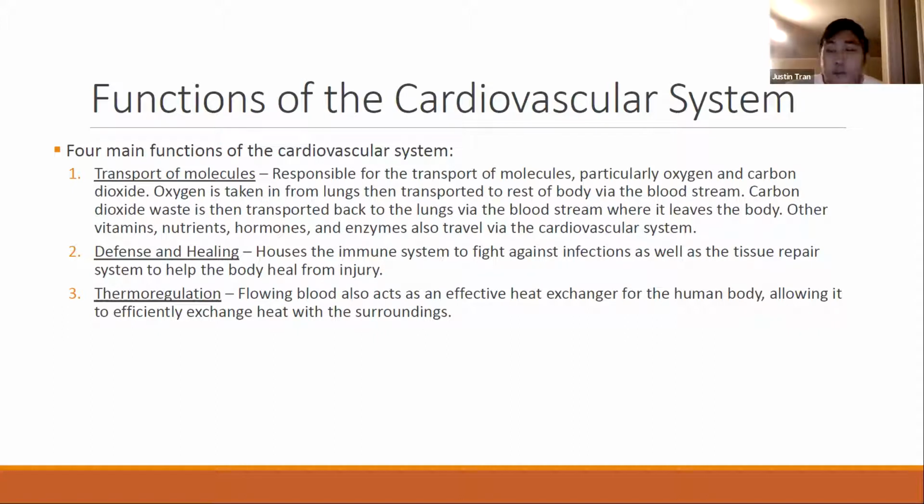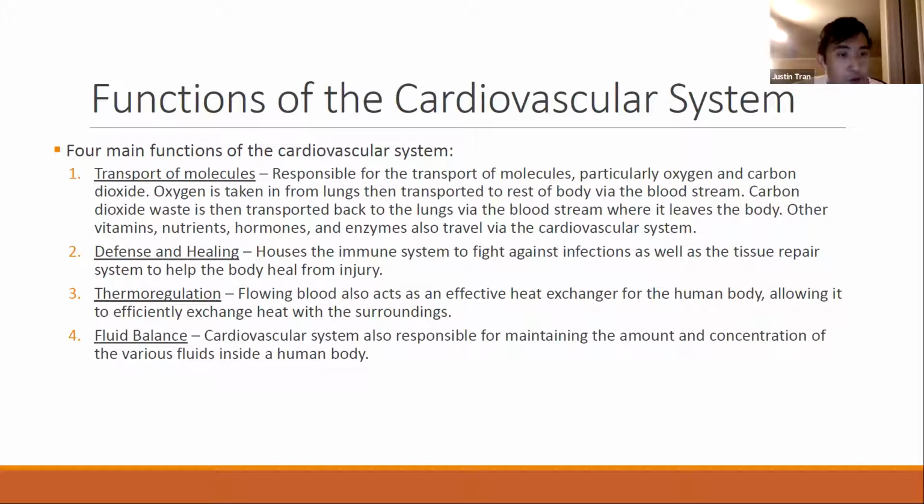Because hopefully, if you've taken a heat transfer class before, or maybe you're taking heat transfer now, what you'll learn is that one of the most effective ways to transport heat is through a moving fluid, right? And so that's when convection occurs. And so the only moving fluid that's going through your body is your cardiovascular system. And so it basically acts like a heat exchanger for your body.